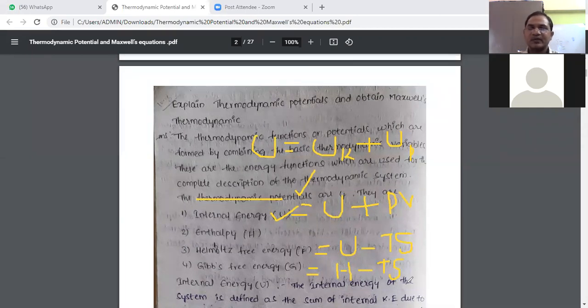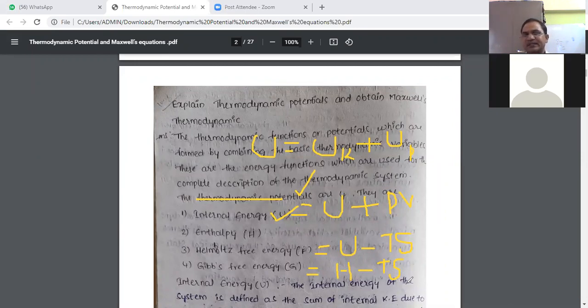The third, Helmholtz free energy, F is equal to U minus TS, and the Gibbs free energy is expressed as capital G equal to H minus TS. How are we defining them? They are thermodynamic functions or potentials formed by combining the thermodynamic variables. These are the energy functions used for the complete description of the thermodynamic system.